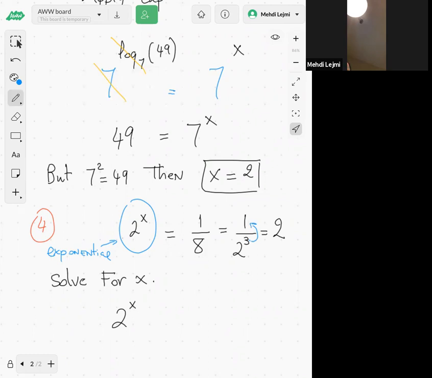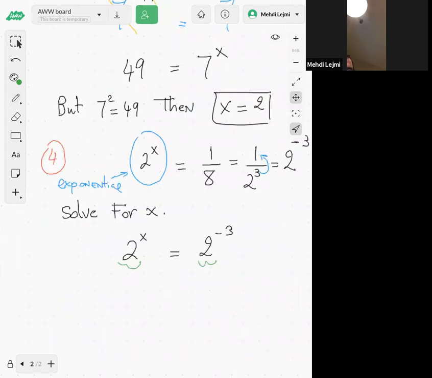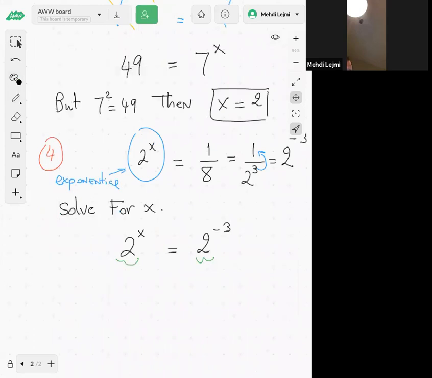So that's 2 to the power -3. So we are trying to solve 2 to the power x equal to 2 to the power -3, because whenever you have the same base, then the powers are equal.